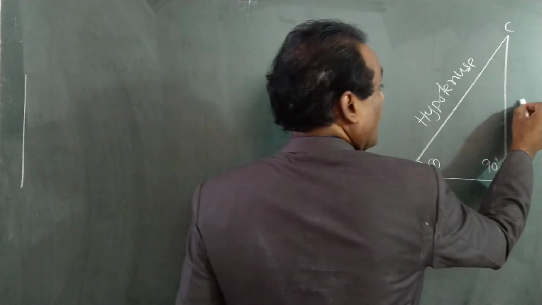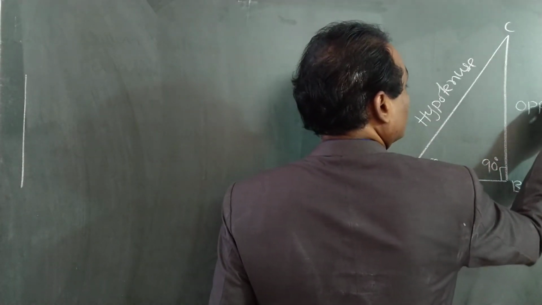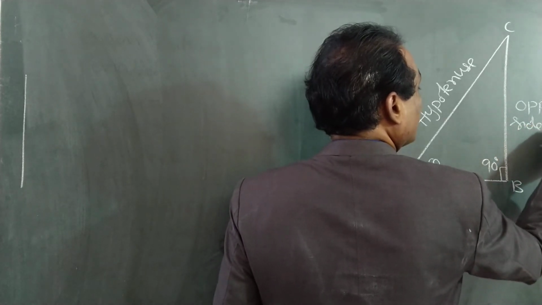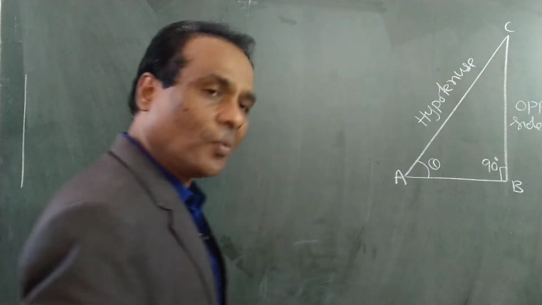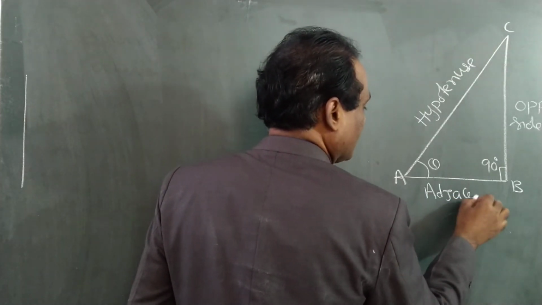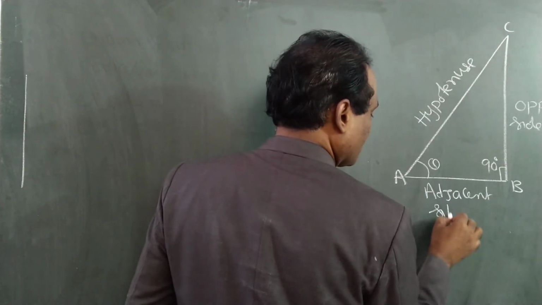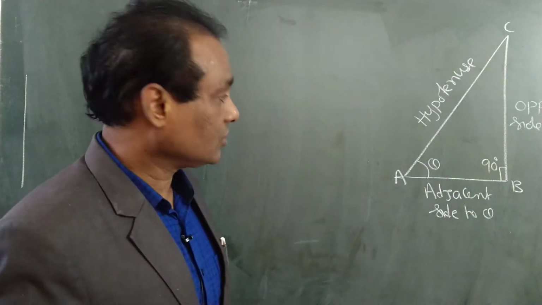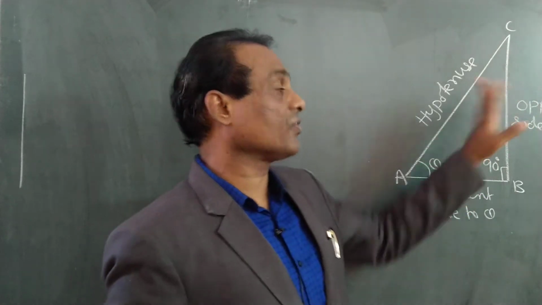Then this is called the opposite side. Opposite to what? Opposite to theta. And this is called the adjacent side to theta.